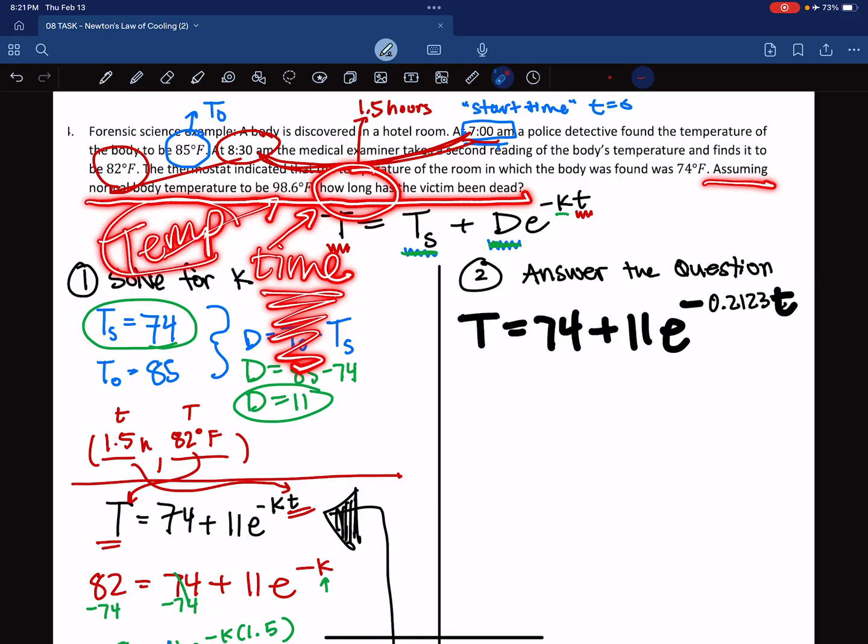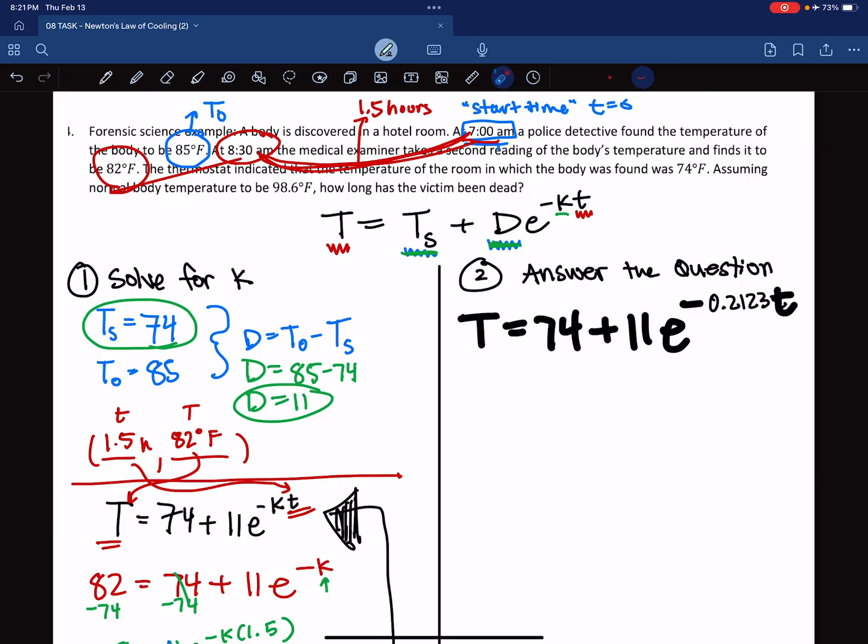So we're going to plug in our temperature for T, solve for little t. All right. We're going to have temperature 98.6 equals 74 plus 11e to the negative 0.2123 t.